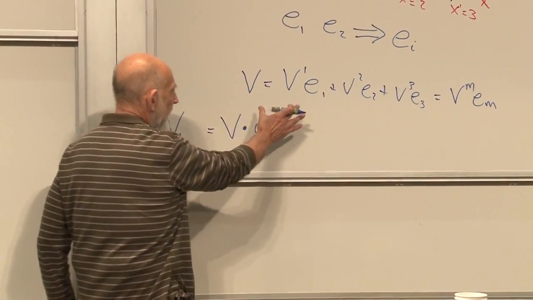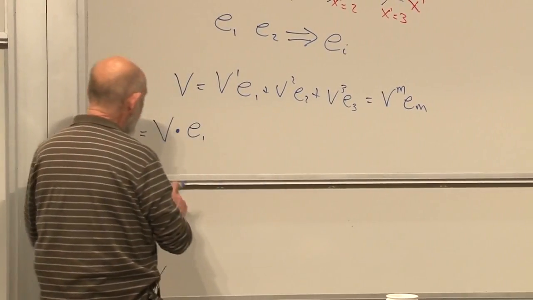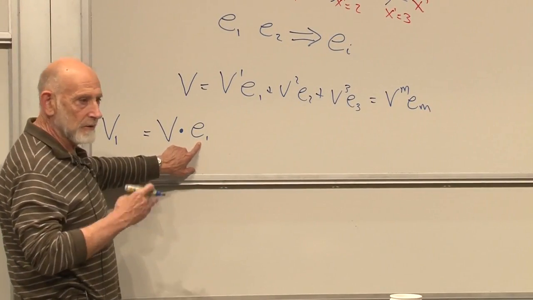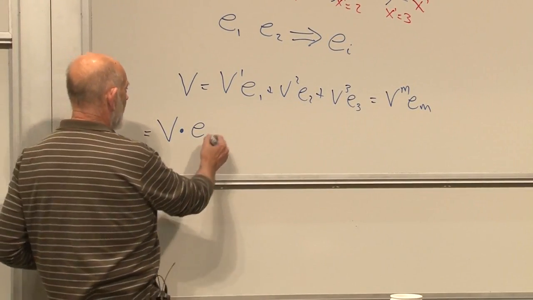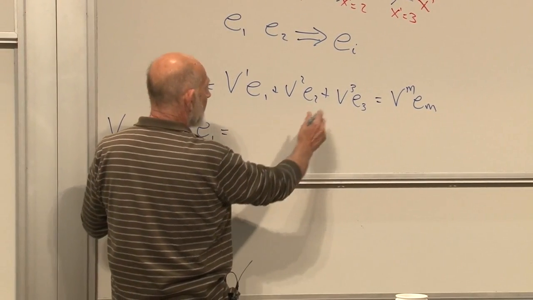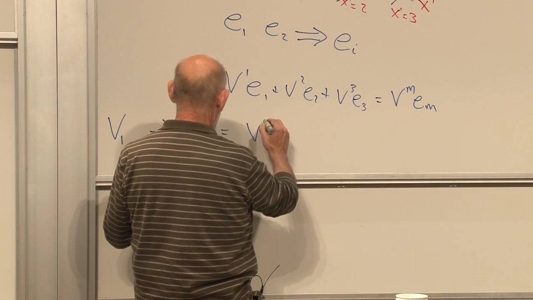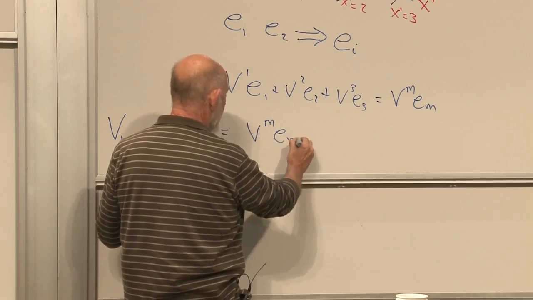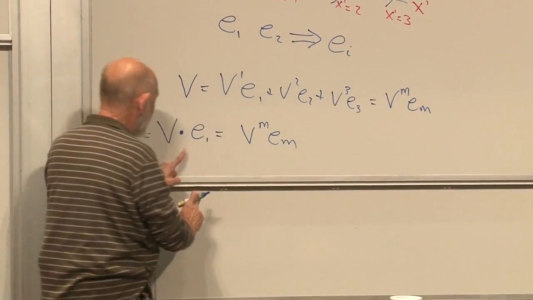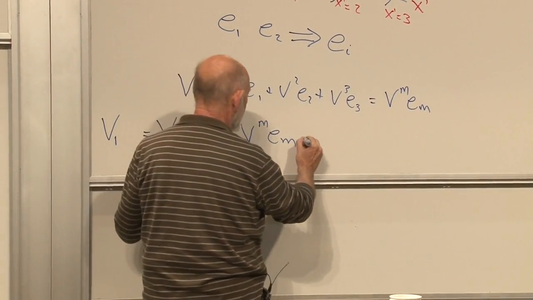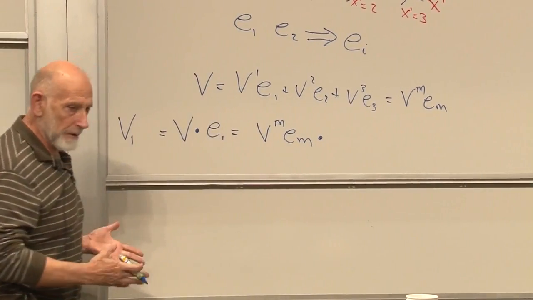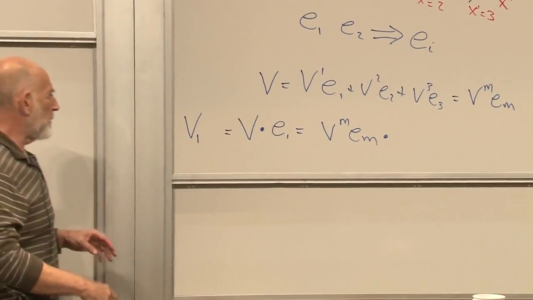Let's plug in for V its expansion here, and then take its dot product with E. So what is this equal to? This is equal to V^m E_m from here. And now we're going to dot it into E1. But why fix E1?